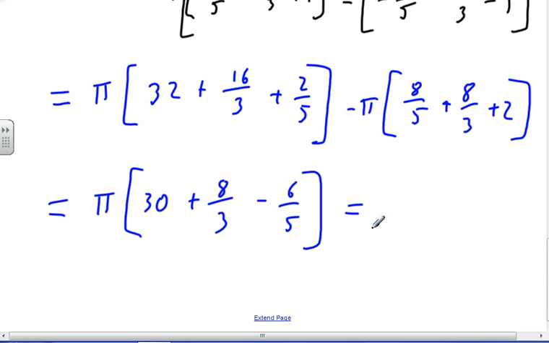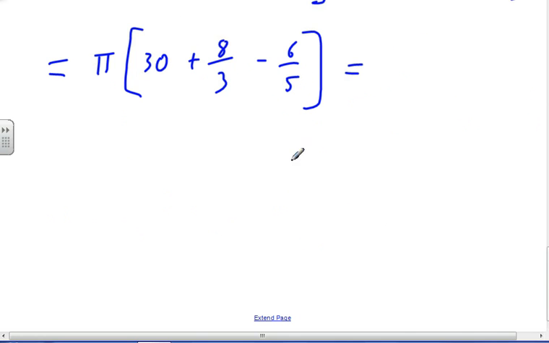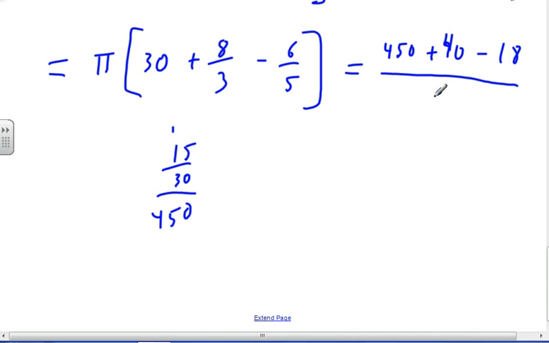And anybody got that answer yet? Alright, well, I guess I got to do it then. What's 15 times 30? 0, 5, 1 to carry. So that'd be 450 plus 40 minus 18 over 30 pi. 490, 480, 472 over 30 pi.